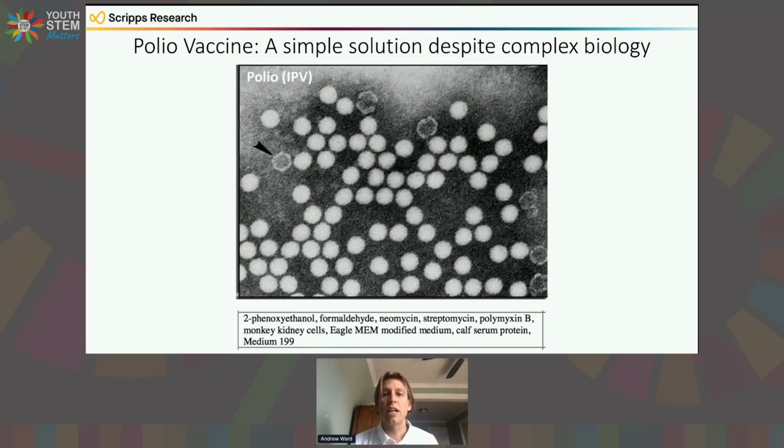The polio vaccine, even though it's very highly effective, is a pretty simple solution: grow up a bunch of polio and then inactivate it with some pretty nasty chemicals like formaldehyde. But when this is injected as a pretty dirty mixture, you develop lifelong and durable immunity.